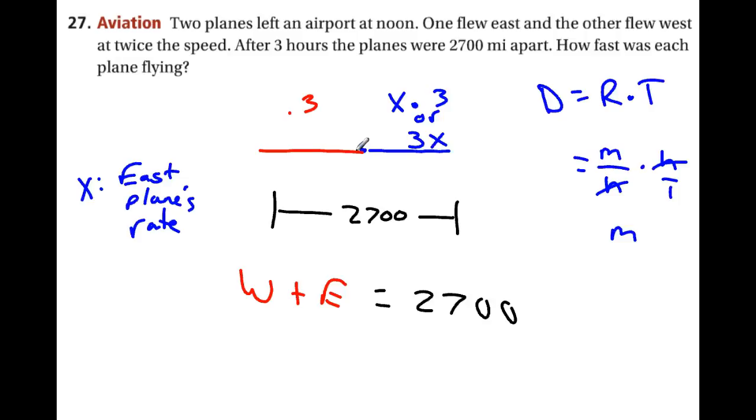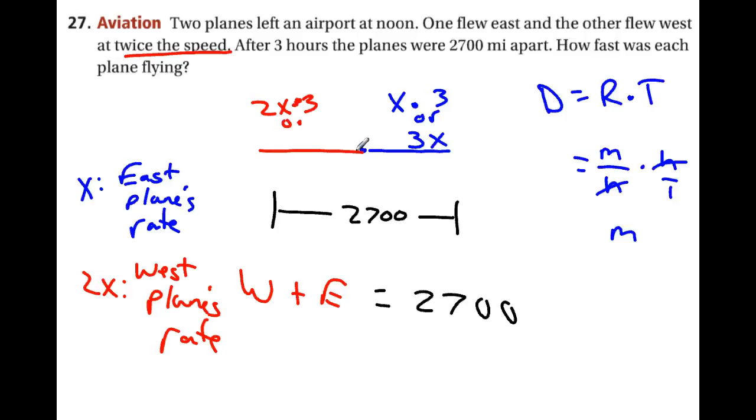Now, if the east plane's rate is x, that would imply that the west plane's rate, which they say is twice as fast, is 2x. So I just put a 2x here. So 2x times 3 is the distance that the west one flies. And 2x times 3 would be 6x.